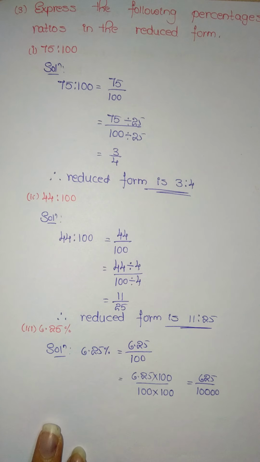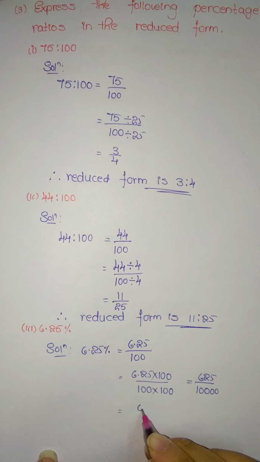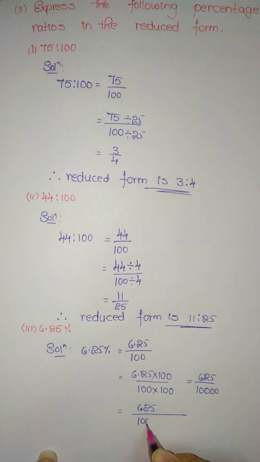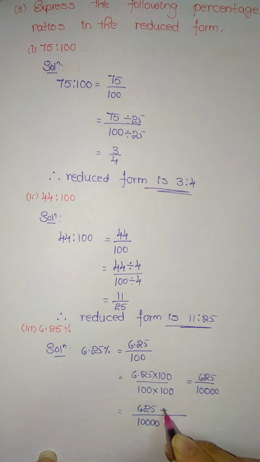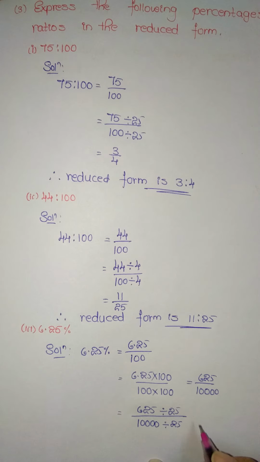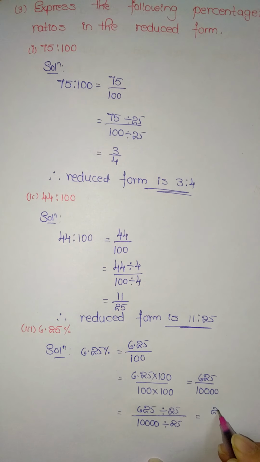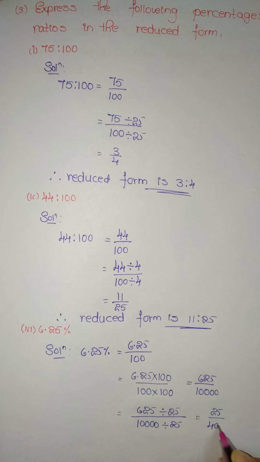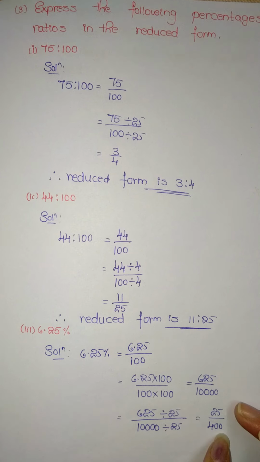So it becomes 625 by 10,000. So here this 625 and 10,000 both are divided by 25. हम लोग 25 से दोनों को डिवाइड कर सकते हैं. So it becomes 25, 625 by 25 it becomes 25, and 10,000 by 25 it becomes 400. Again we can divide these two numbers by 25.